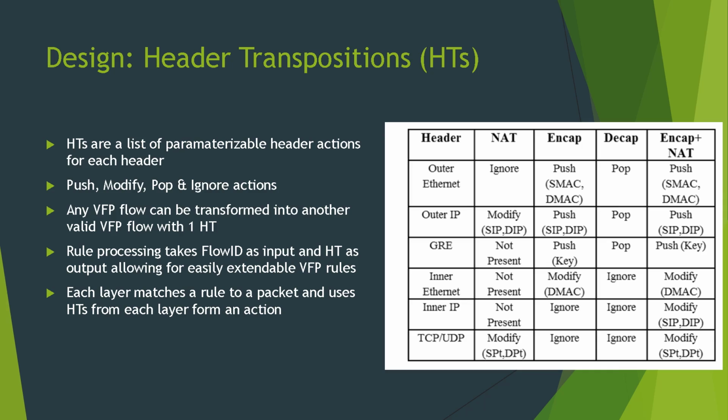Examples of which you can see on the right for pushing, popping, ignoring, modifying, etc. The key functionality of these HTs is that they allow rule processing handlers to take as input a flow ID and to output some transposition. This transposition could potentially be some other valid VFP flow ID. This implementation allows rules to be designed or implemented without directly touching any packets.